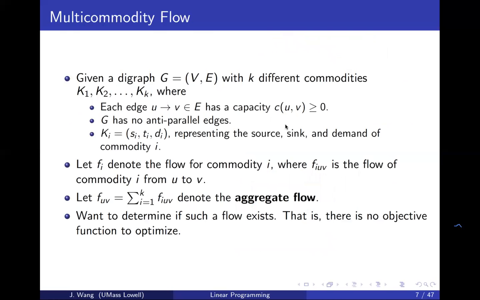And the next application is a multi-commodity flow. In this application, let me open up a screen. Probably that's easier to explain what this problem is. Suppose we have a network, sort of like a flow network.